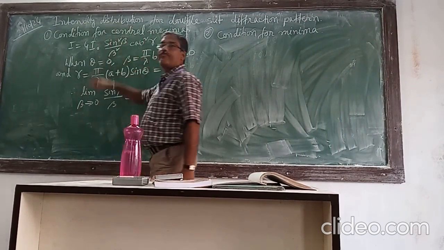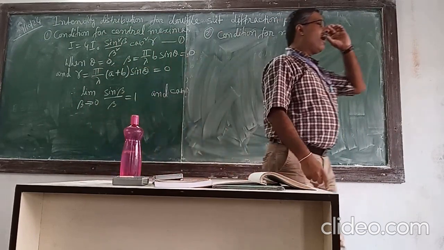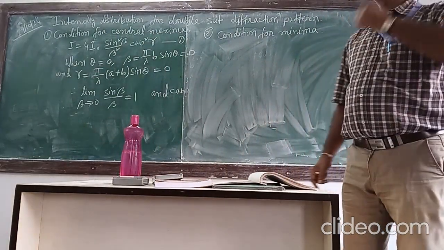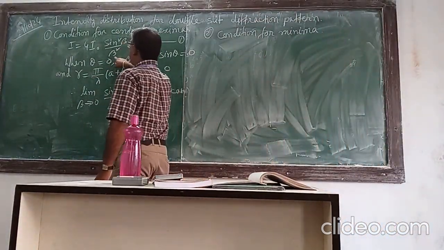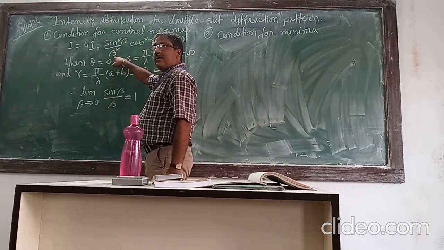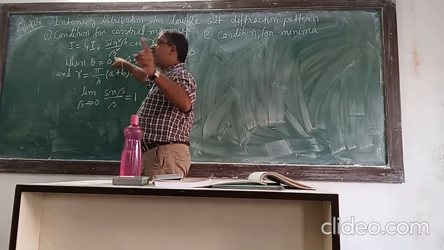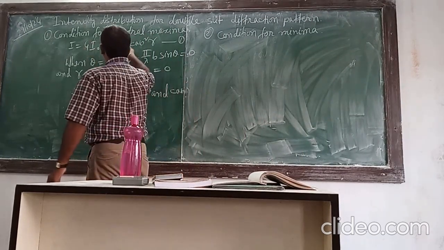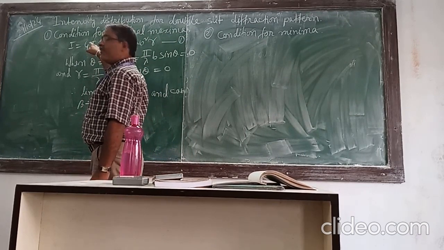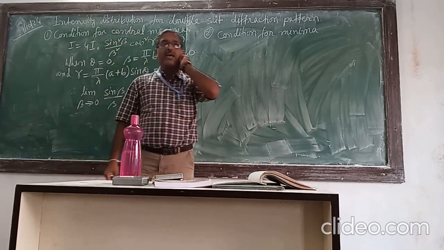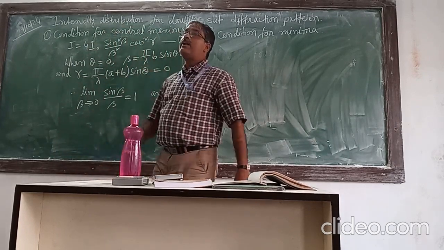but beta not equals 0. Why? Yesterday we have written that this is the term for the diffraction. First one is for the diffraction and the second one is for the interference.